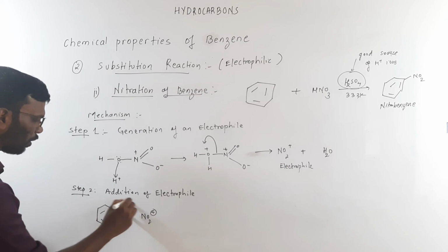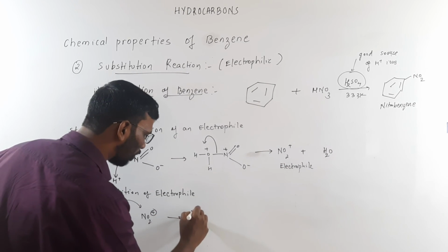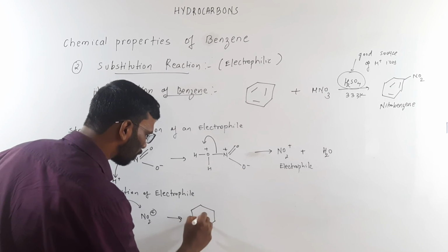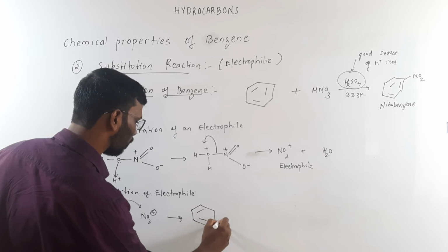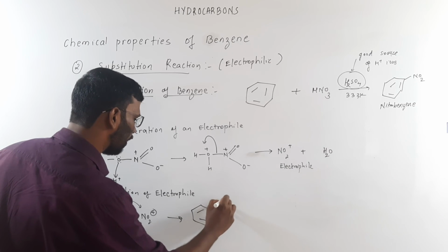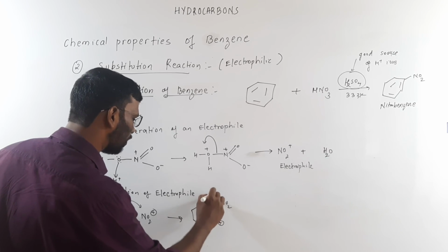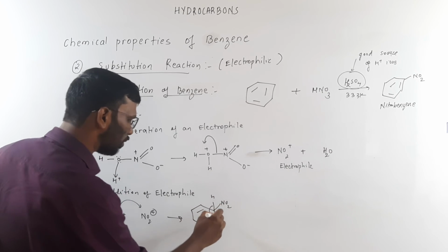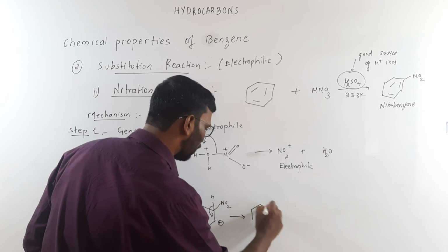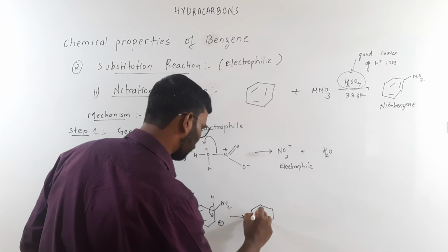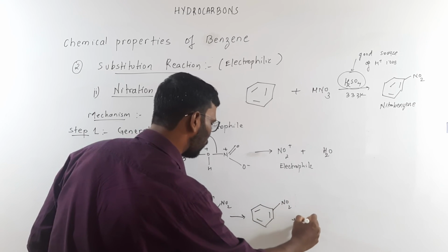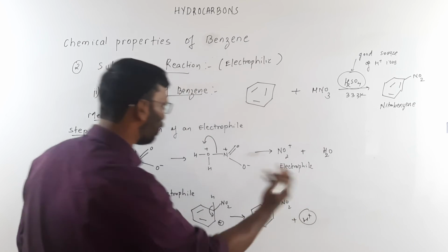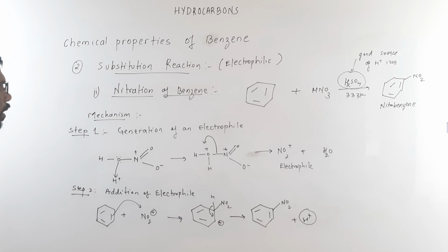If you do the substitution, there is a positive charge, and here is the NO2, and there is a hydrogen, and this is how the nitration is going to take place. What is substituted again? The hydrogen is replaced and NO2 is substituted over there. So this is next.